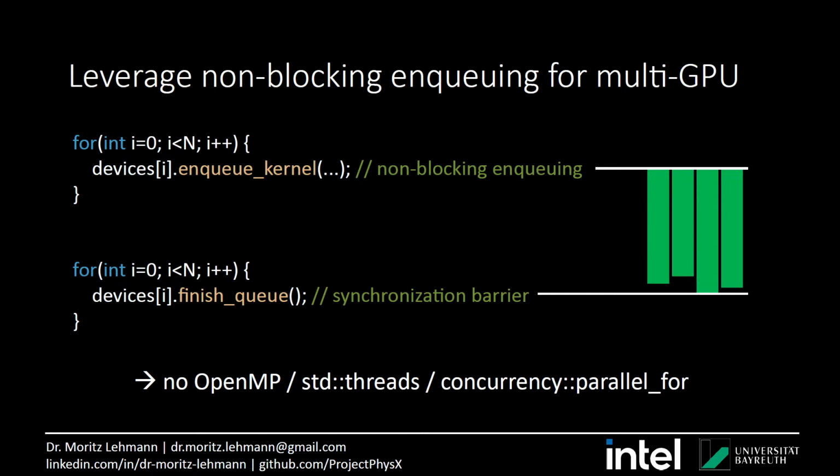So I can do this all single-threaded on the CPU side within one loop, enqueue all of the kernels for the different GPUs, and then make another loop where I set the barrier to finish all of the kernels, and that is like a synchronization barrier that waits for the last one to finish. And with this, I don't even need OpenMP or multi-threading. So it simplifies it a lot.